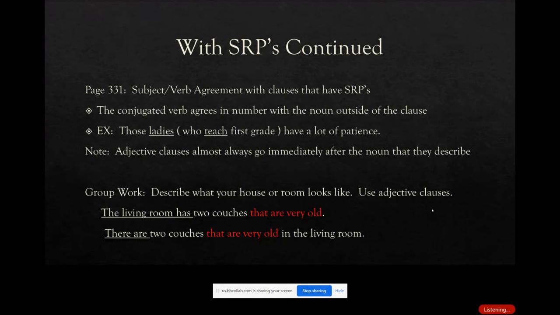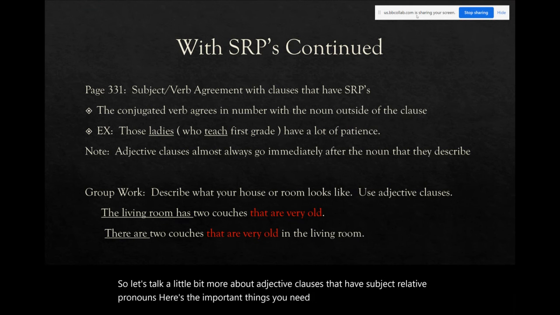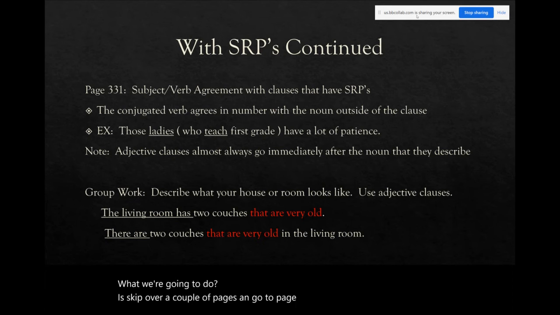Okay, so let's talk a little bit more about adjective clauses that have subject relative pronouns. Here are the important things you need to remember. What we're going to do is skip over a couple of pages and go to page 331.